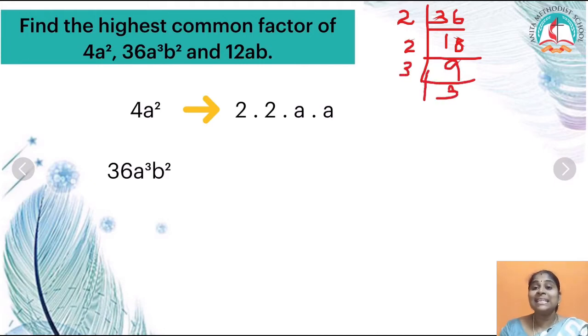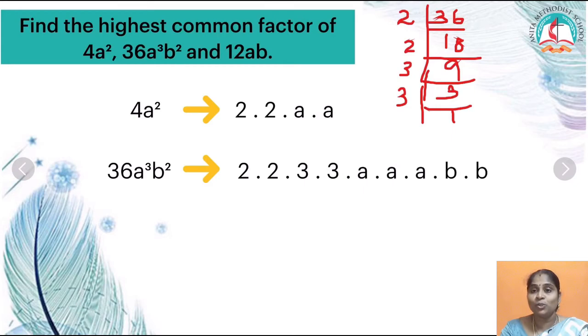So what is the irreducible form of 36? 2 into 2 into 3 into 3. And a cube is 3 times a into a into a, and b square is b into b. So 36a cube b square is written as 2 into 2 into 3 into 3, a cube is a into a into a and b square is b into b.